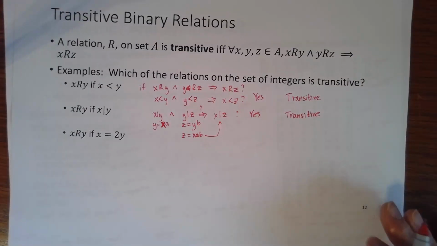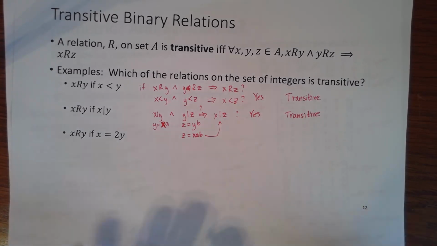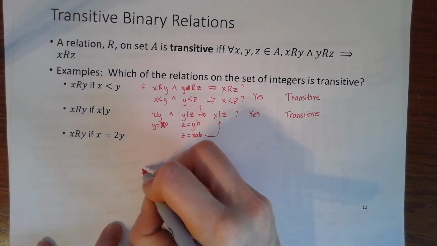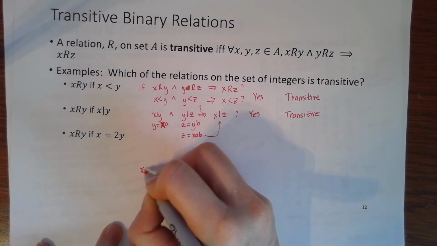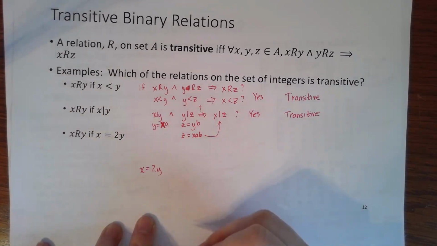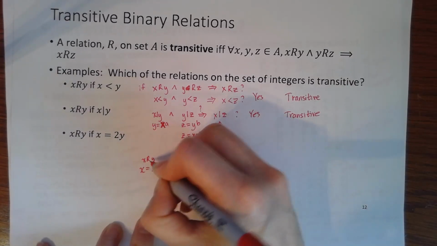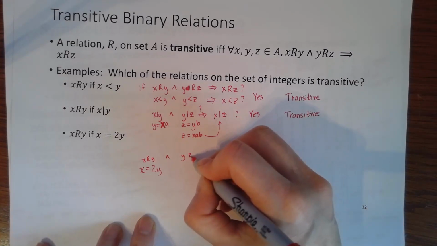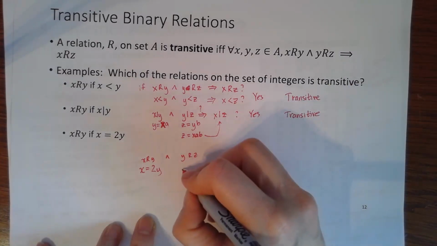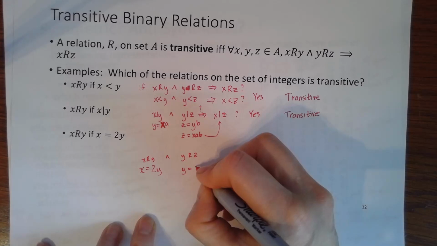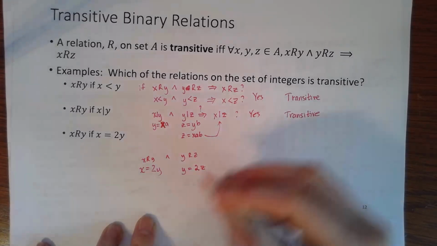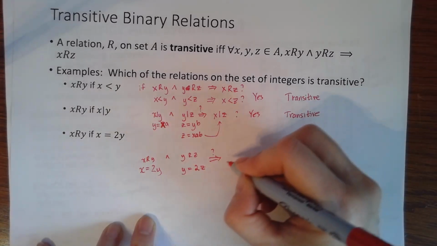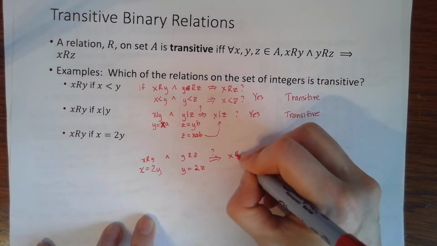All right, and then the last one: x is related to y if x equals 2 times y. So if x equals 2y, that's x related to y, and then y related to z would mean that y is equal to 2 times z. Would that give us that x is related to z?